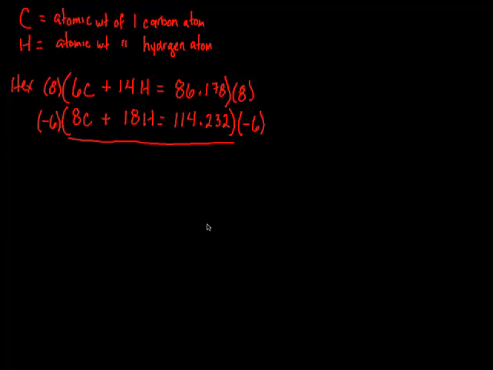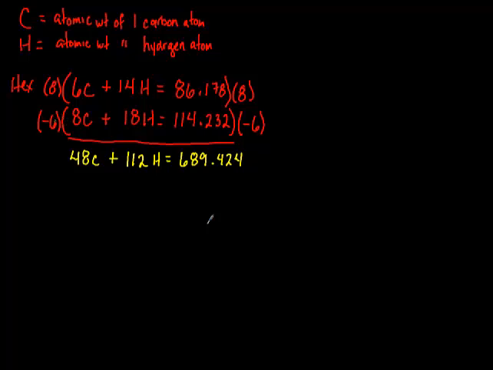So using the distributive property, I can rewrite this system of equations. We'll do it quickly. 8 times C is 48C. Distribute in 8 times 14H, and that's 112H. On the other side, 8 times 86.178 is 689.424. Please check that multiplication for me.